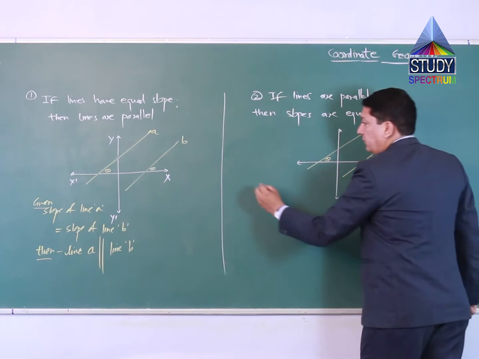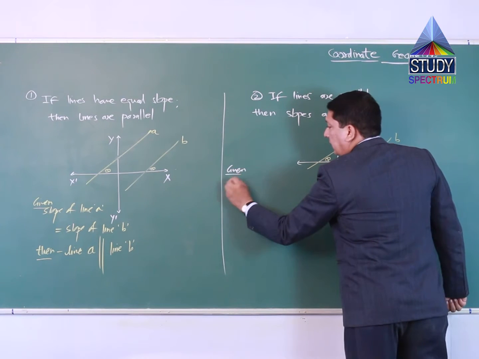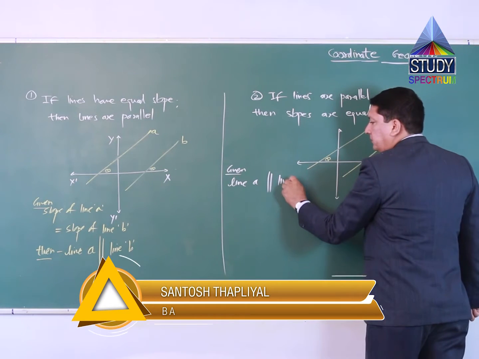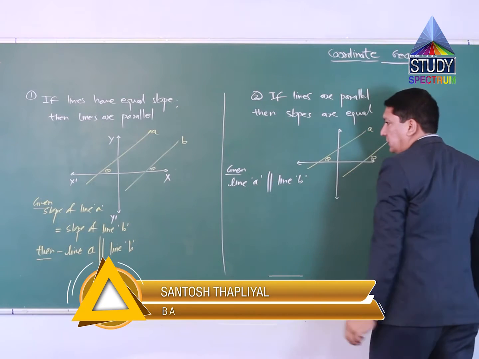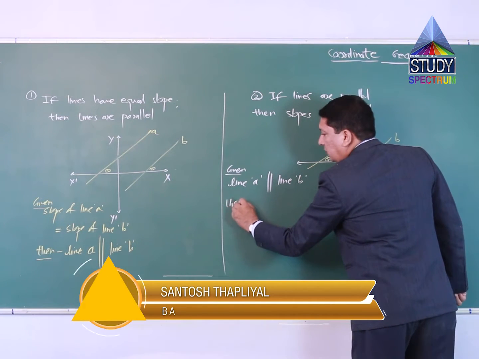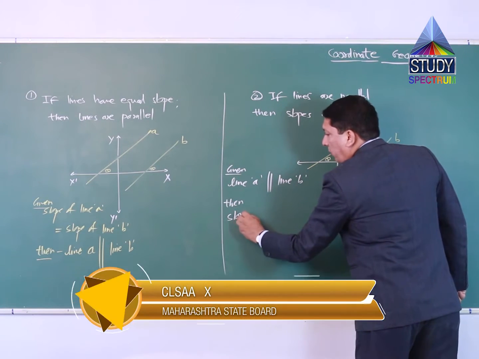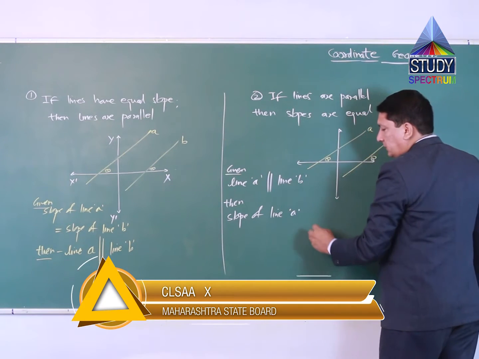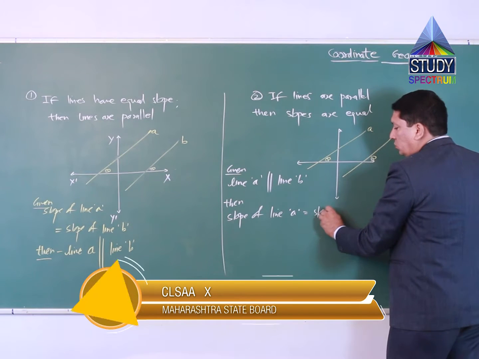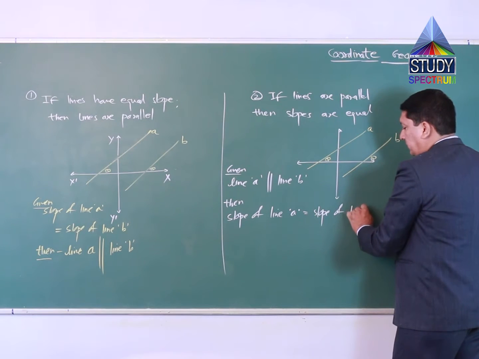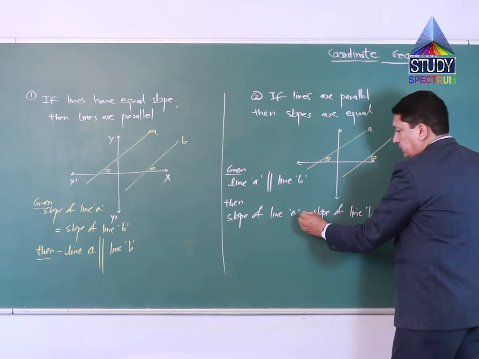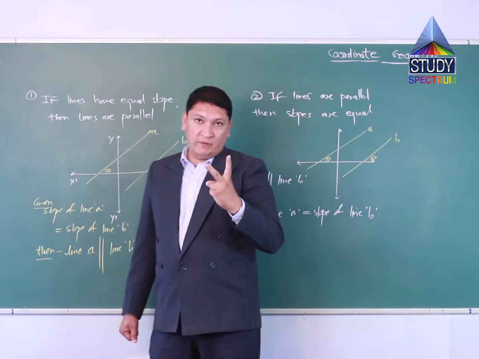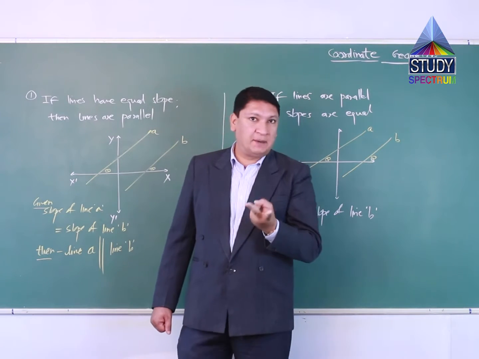So if given to us line A parallel to line B, then we can say slope of line A is equal to slope of line B. Again, when two lines have equal slopes, lines are parallel.